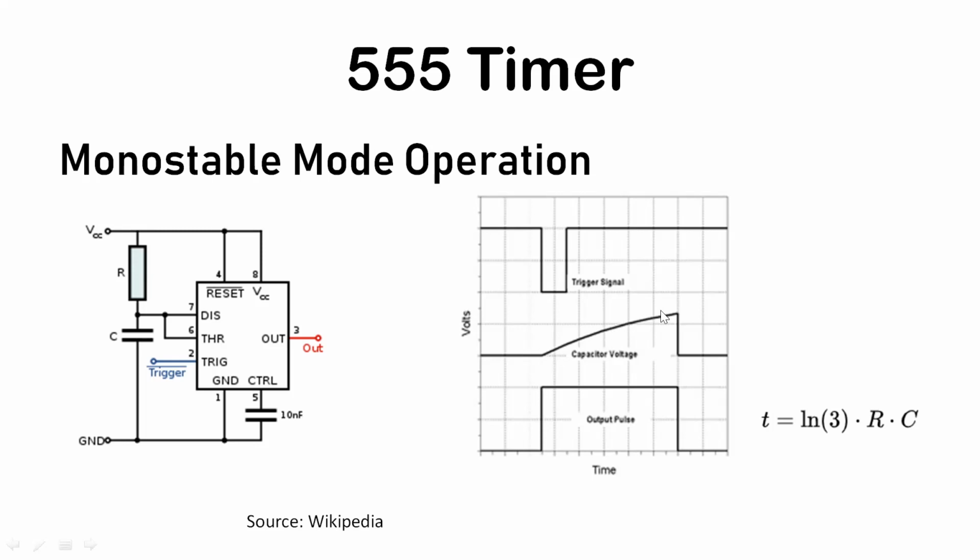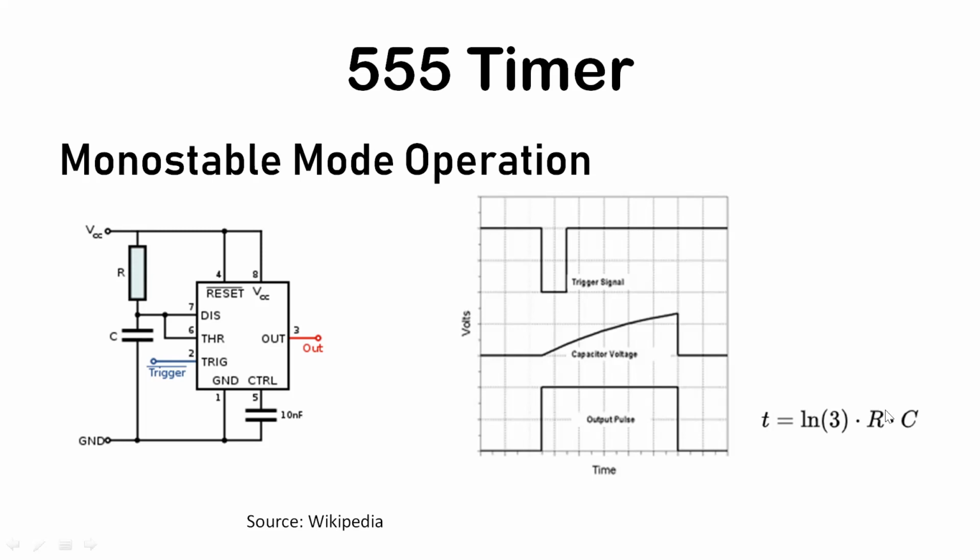The capacitor will charge like this, and the output will remain high for this duration, 1.1 RC, ln3 RC, and again the output will be low. Then it waits for the next trigger. If you apply the next trigger, again the output will be high for ln3 RC times. So this is all about the monostable configuration.